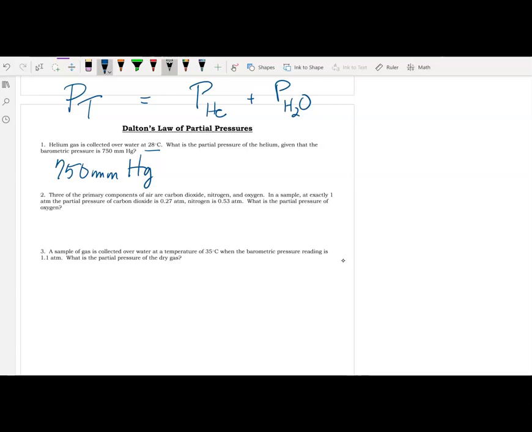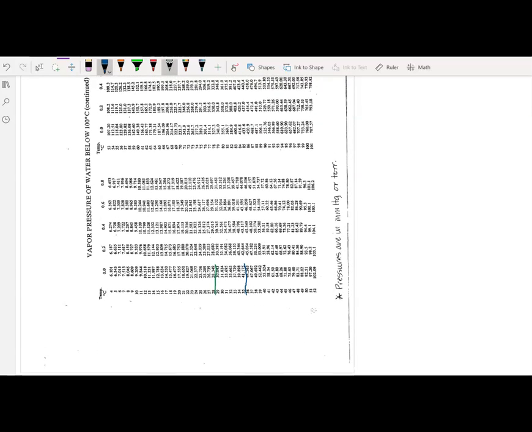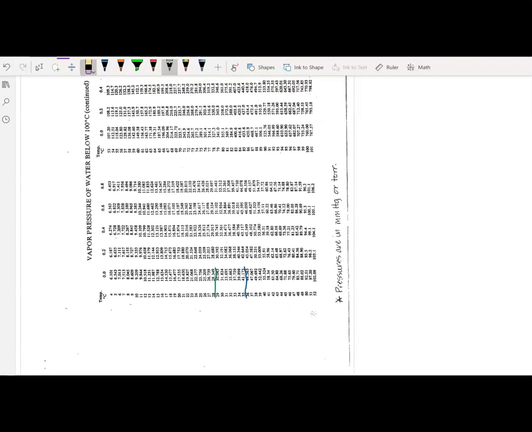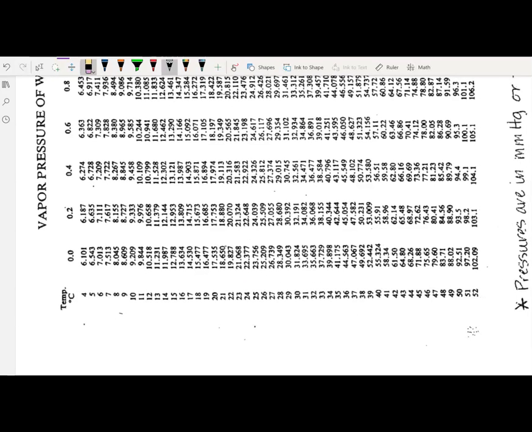So if you look at page 15, you get a data table. Of course, it's sideways on mine, and I'm not quite sure how to get it to turn. But if you follow the column down and find 28 degrees, and go across, there is the pressure of the water in millimeters of mercury.